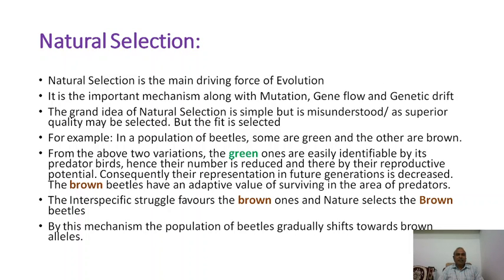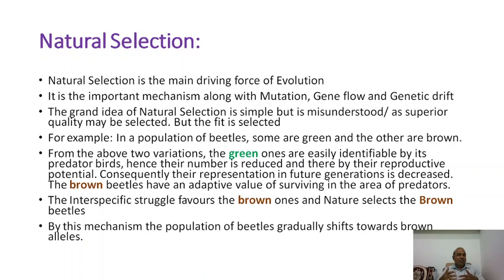It's a very simple idea, but it is misunderstood. It is misunderstood because whichever individual has won is going to establish the next generation only if it has reproductive potential. Sometimes simply winning the struggle does not mean it will be selected by nature.